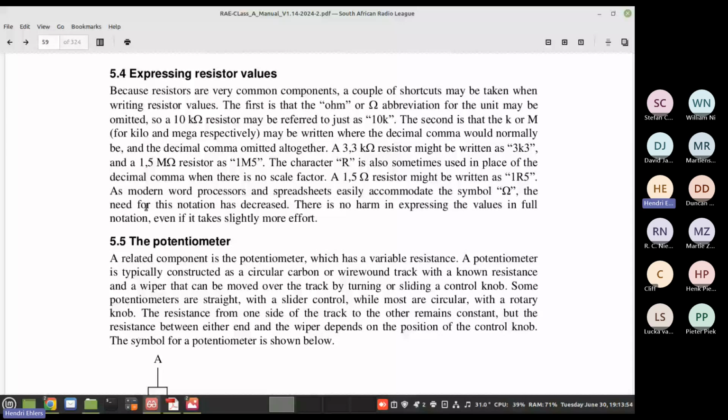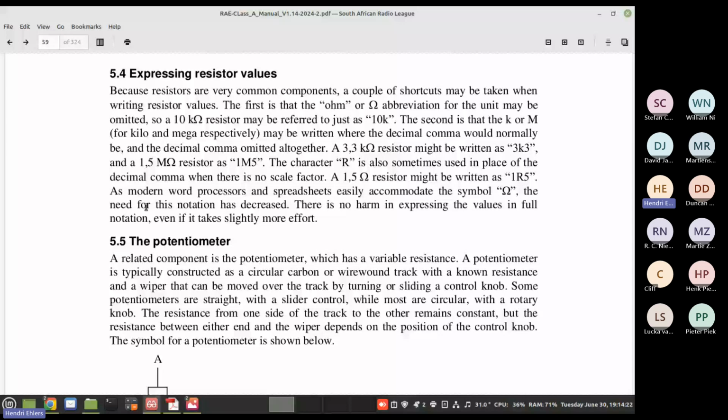But the easier way, because the decimal can get lost with printing and when you handle a diagram a lot of times, to prevent that, they've actually used the kilo as a decimal point. So when you get a resistor that says 3K3, it means it's a 3.3K resistor.